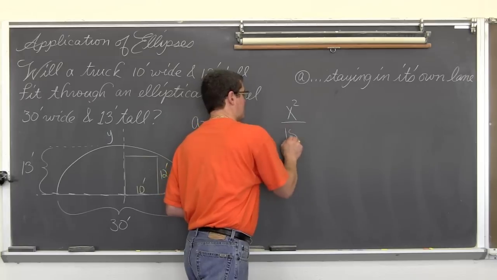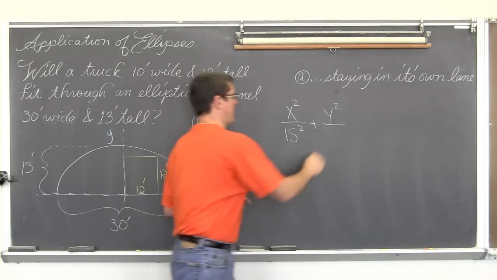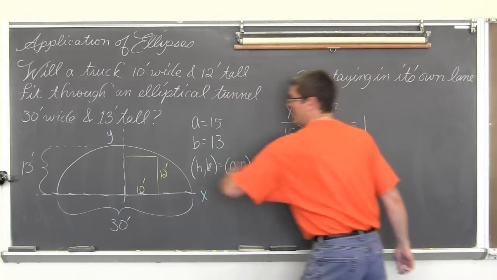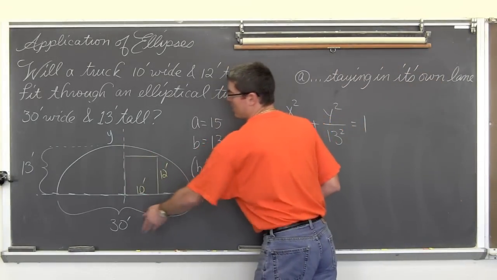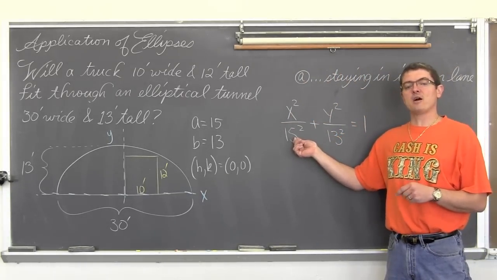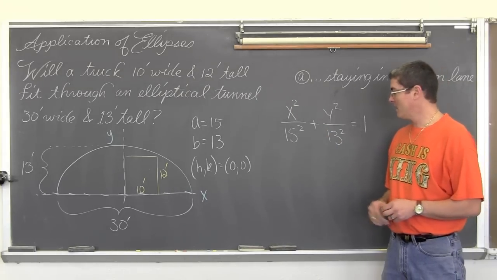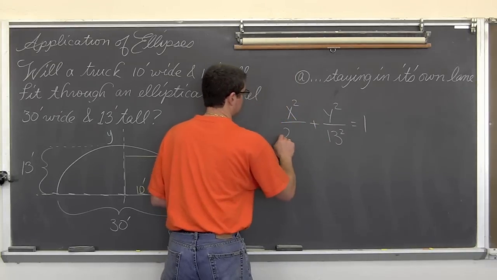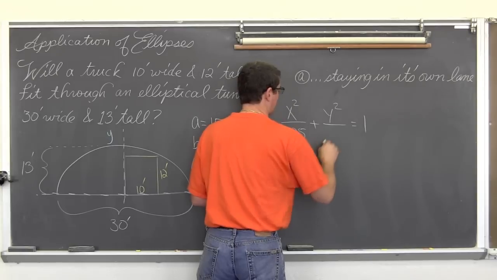We're going to put 15 squared underneath the x, and y squared, and put 13 squared underneath the y value, because when an ellipse is longer in the horizontal direction than it is in the vertical direction, we say that it is a horizontal ellipse, and thus A, coming from the largest denominator, must be underneath the value of x in the equation. So 15 squared is equal to 225, and 13 squared is equal to 169.